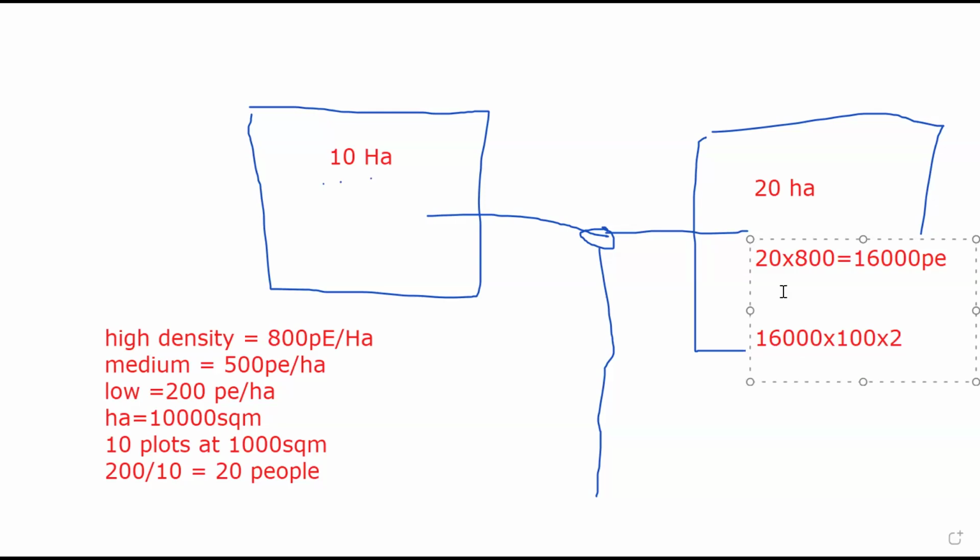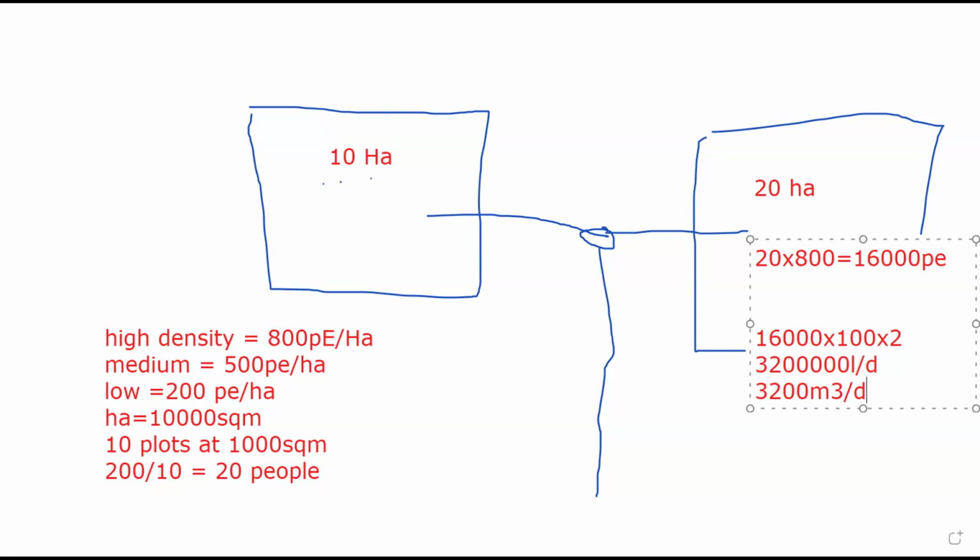So what you have here is 3,200,000 liters per day. But as the value is too much, you convert it to meter cube, which is 3,200 meter cube per day.